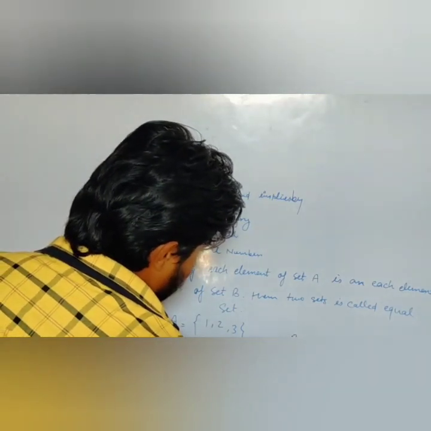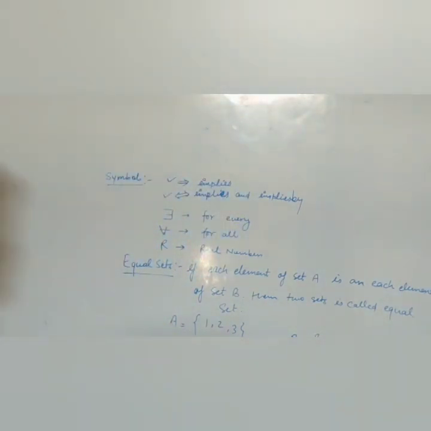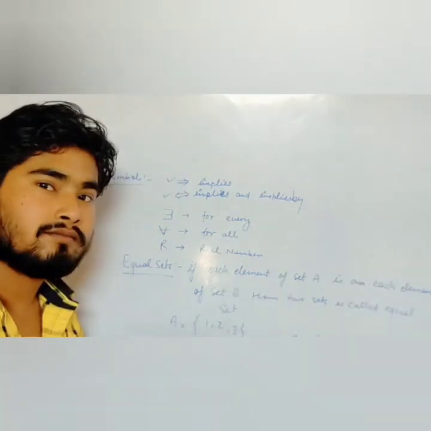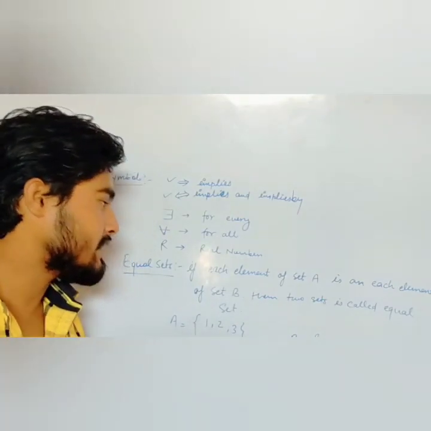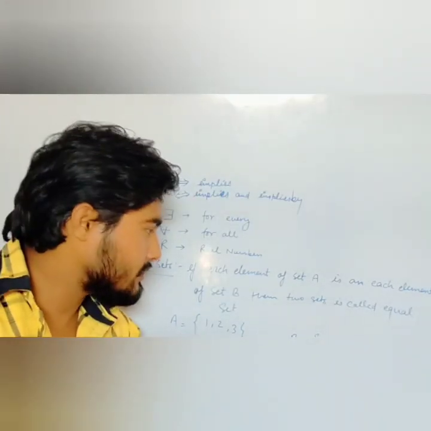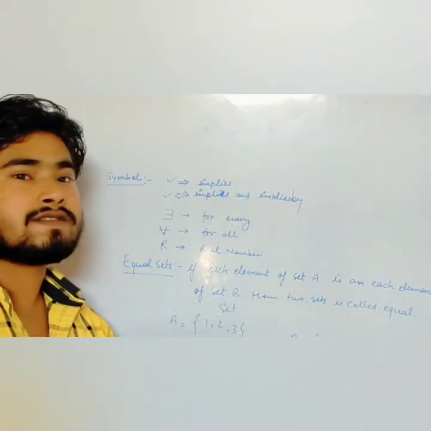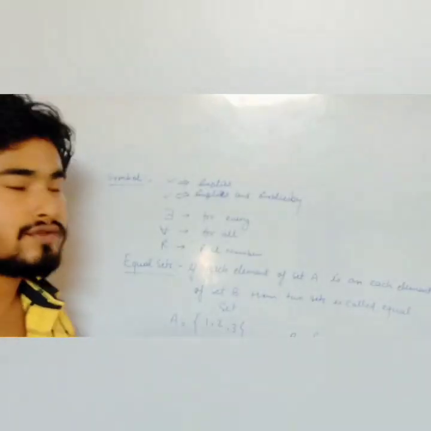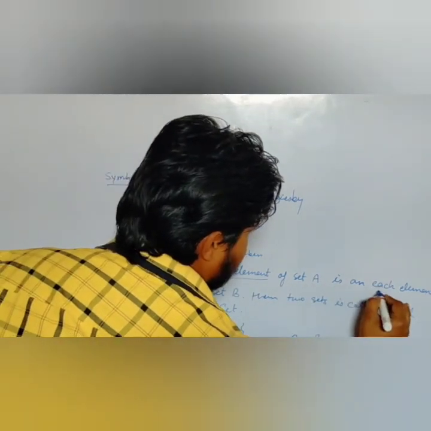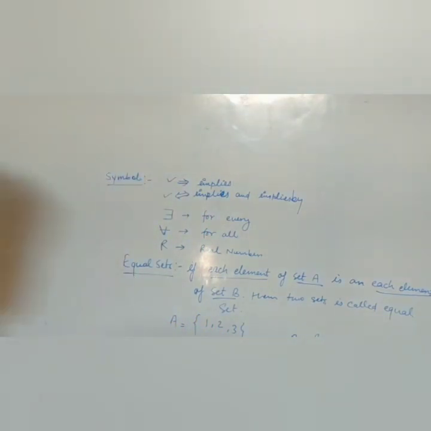Set B is 2, 1, 3. No element changes; the elements are the same in both sets, only the order changes. So we can say this is an equal set: each element of set A and each element of set B are the same. This defines equal sets.